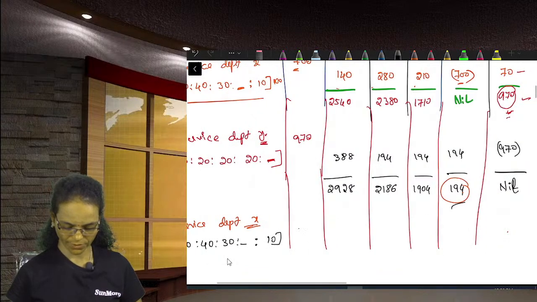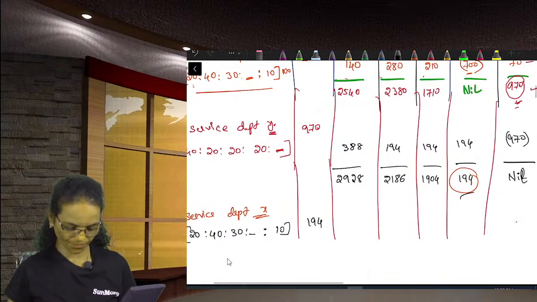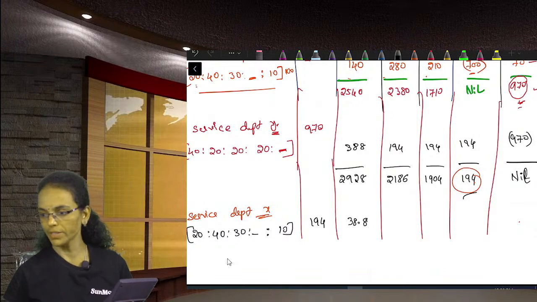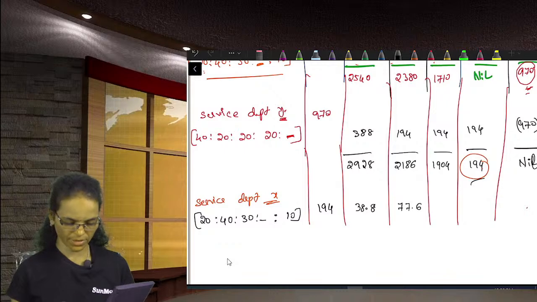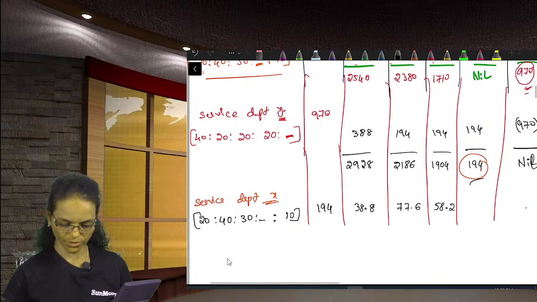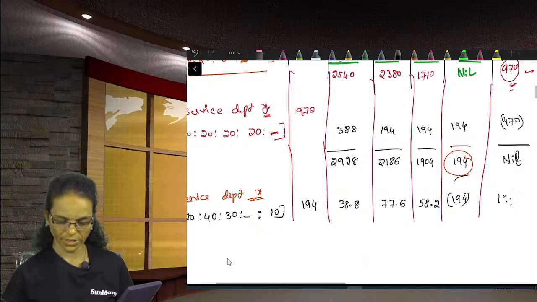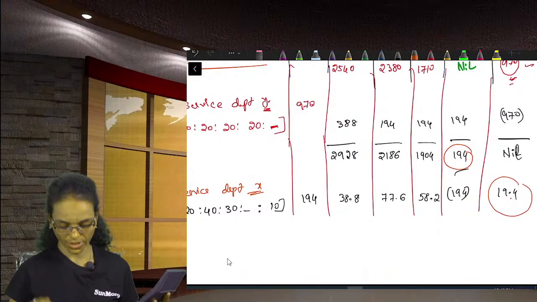The amount is 194. 194 into 20 percent is 38.8, then 20 into 40 is 77.6, 40 into 30 is 58.2, and 30 into 10 gives the same answer, 19.4. Now this 19.4 has to be distributed again.